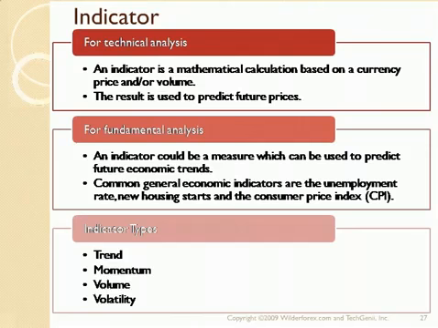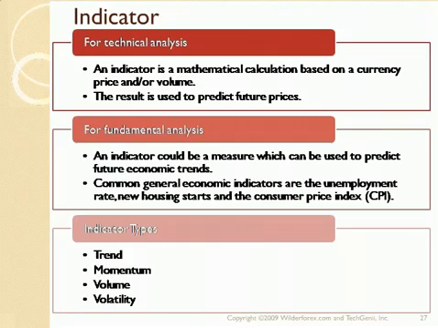The result is used to predict future prices. For fundamental analysis, an indicator could be a measure which can be used to predict future economic trends. Common general economic indicators are the unemployment rate, new housing starts, and the consumer price index or CPI.